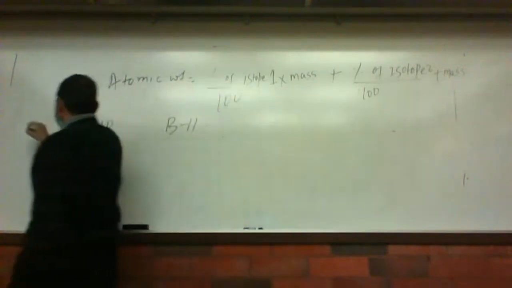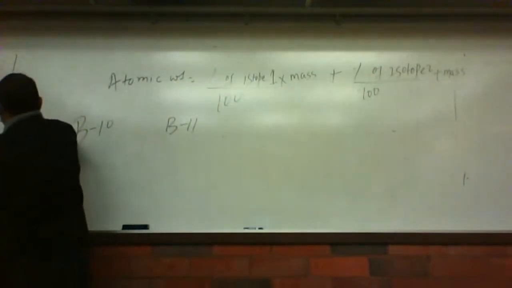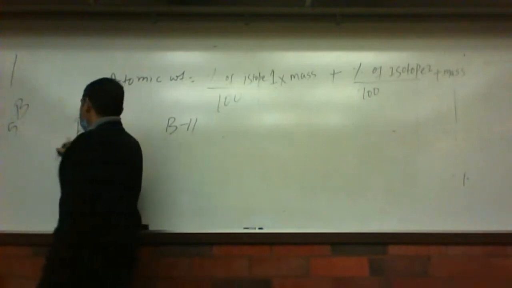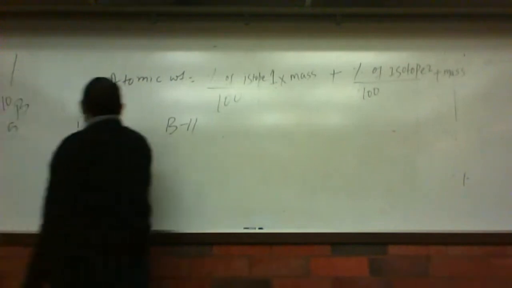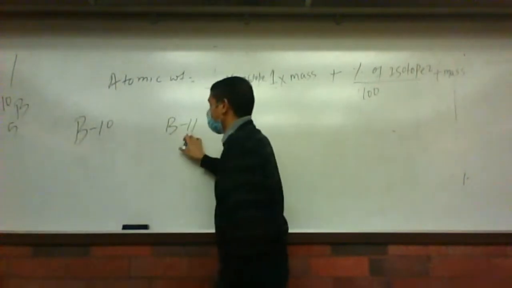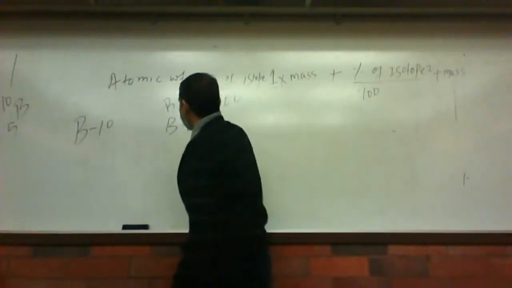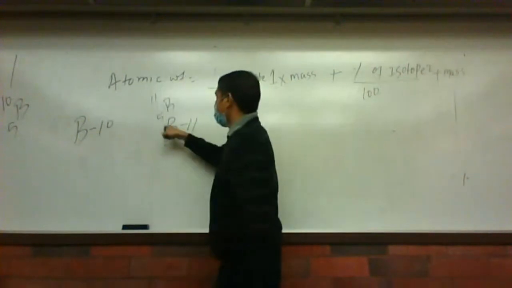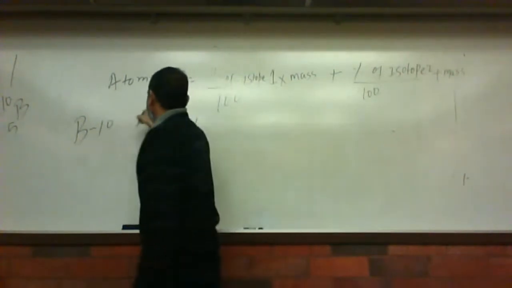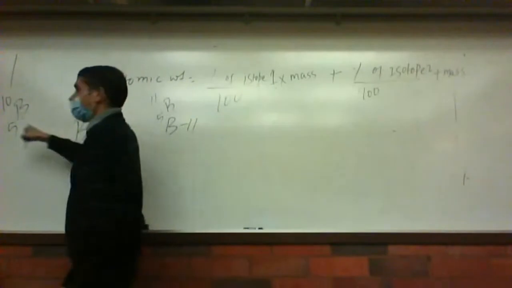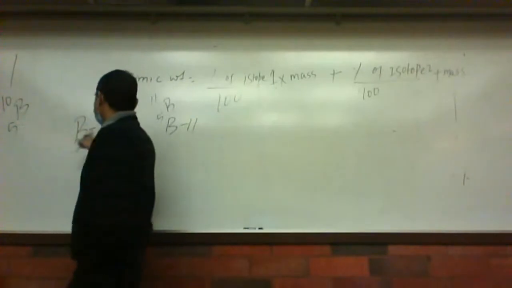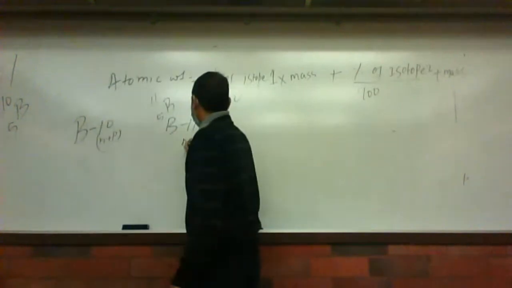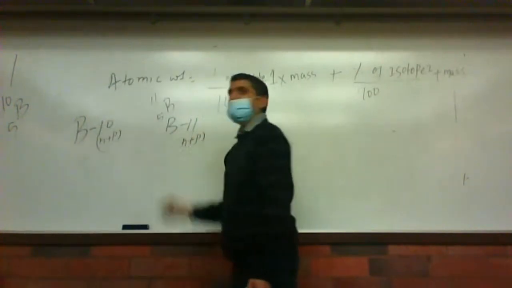If you write it another way, B10 will be written with 5 as the subscript, since boron is number 5 in the periodic table, and the 10 as the mass number. You can write it either way, and B11 similarly. So there are 10 neutrons plus protons here, and 11 neutrons plus protons in the other.